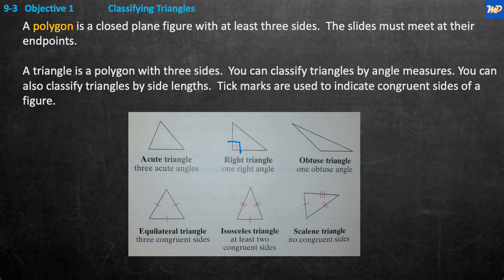Anyways, all 3 of these angles, as you can see, are less than 90 degrees. This is an acute triangle, 3 acute angles. A right triangle has one right angle, and the sum of the other 2 is 90 degrees, but each of them has to be less than 90 degrees. Okay?